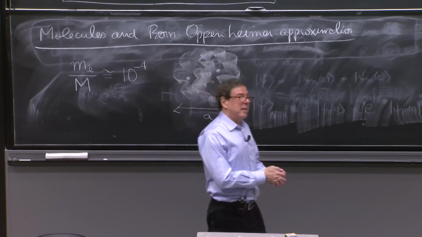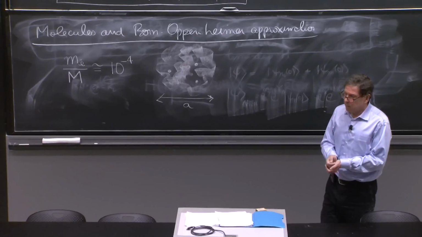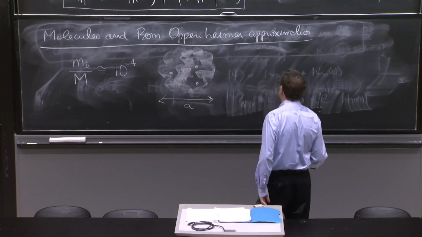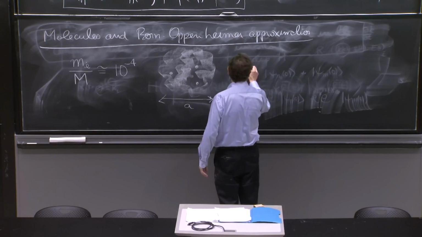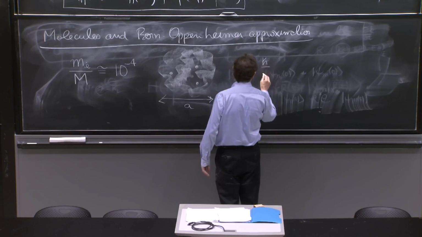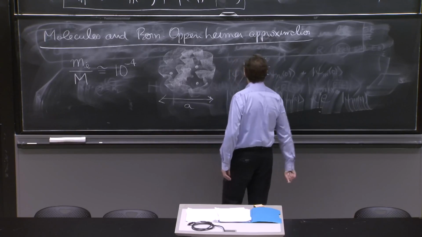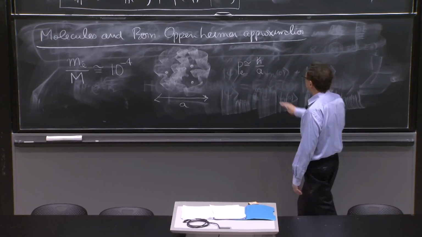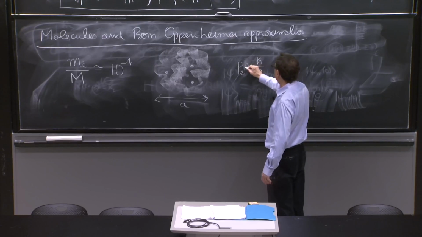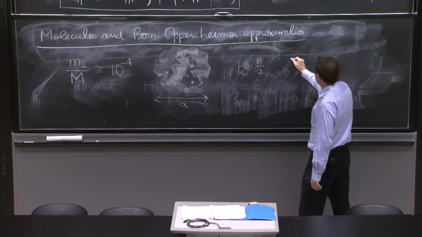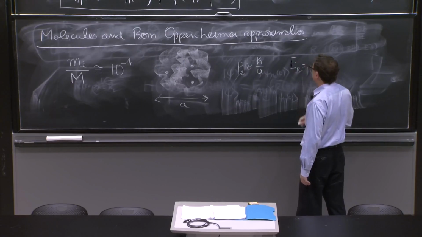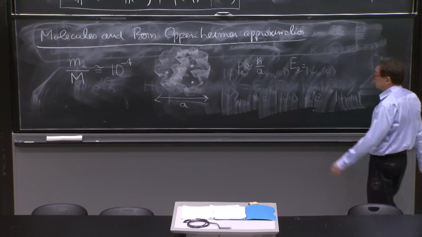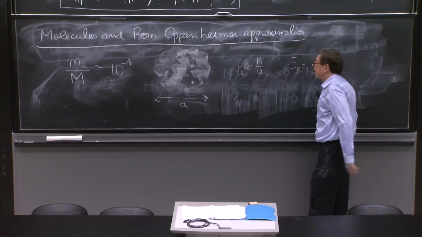So we can estimate at first sight what the energies involved here are. What is the energy of the electron, for example? You could say the momentum of the electron is of the order of h bar over the size of the cloud. It's an estimate. The electron energies are basically determined by the size in which they are confined, which is a, h bar, and the mass of the electron.